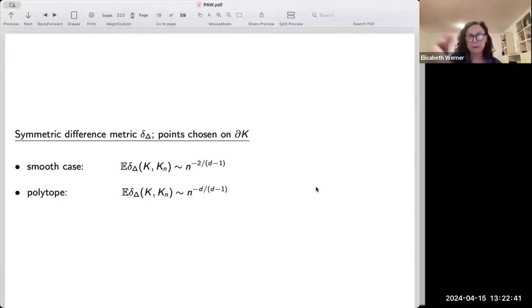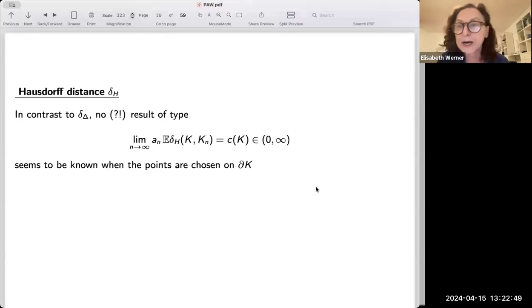So that was the setup with respect to the symmetric difference metric and points chosen on the boundary of K. And now let's pass to the Hausdorff distance. With respect to the symmetric difference metric or other metrics related to intrinsic volumes, there is a huge amount of literature, whereas concerning Hausdorff distance, there are not so many results.